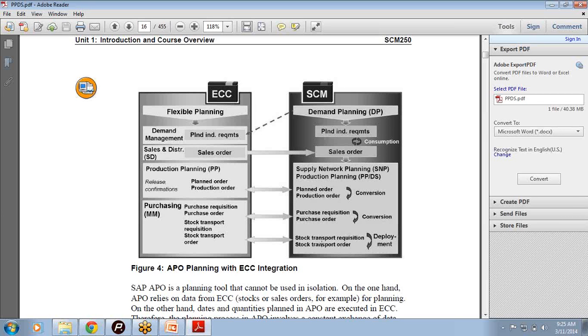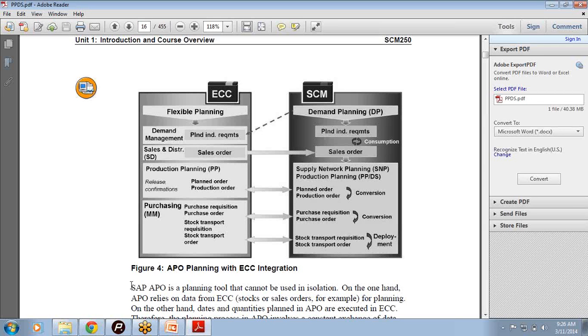When within the same company material is being moved from one place to another, that is from factory to DCs or from distribution centers to customers, then it is called stock transport requisition. But if the factory is buying some components or something from outside, then it is called purchase requisition. So that is the main difference between purchase requisitions and stock transport requisitions.